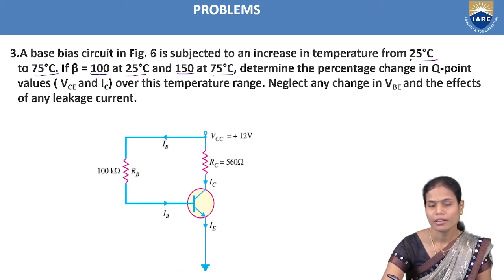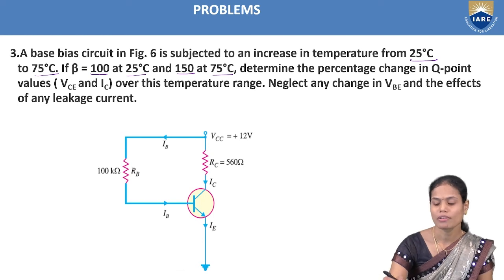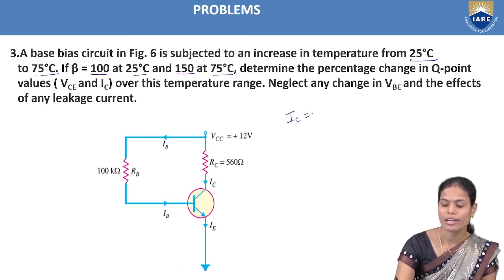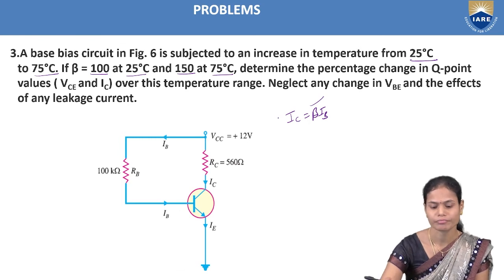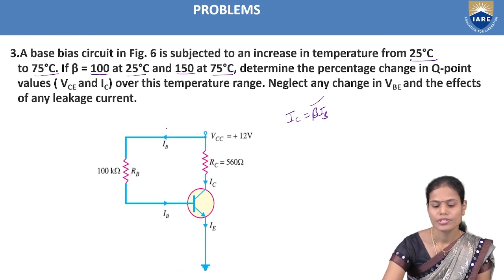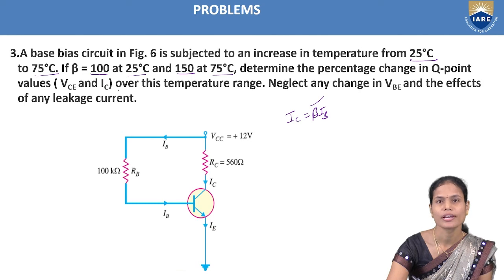So here the beta value is varying, which means definitely the IC value will also vary. Why? Because IC equal to beta IB. So once beta is changing, how much the IC value varies is what the question asks. Find the change in the Q point values, VCE and IC, over this temperature range.